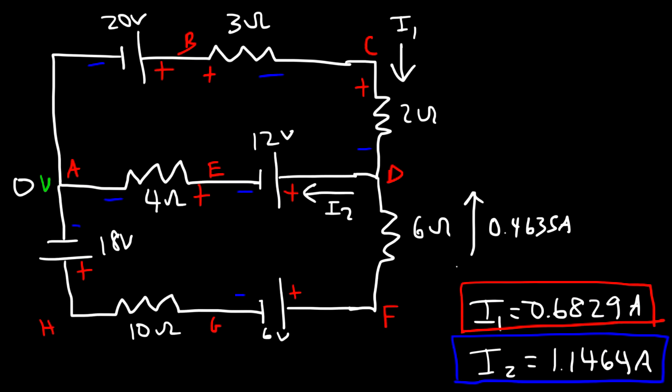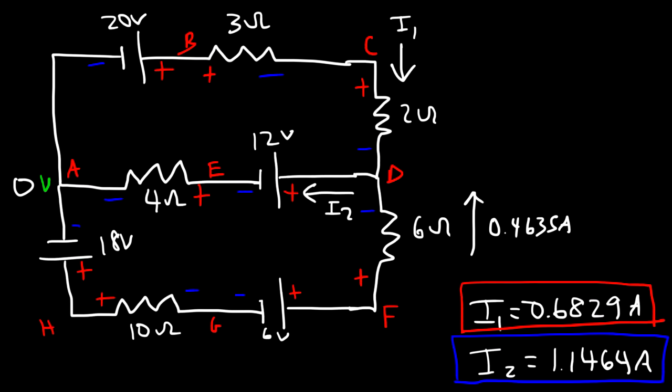Now I2 minus I1 flows in this direction, so this should be positive, and this should be negative. And it's also flowing in this direction, which means this is negative, and this is positive. So now we have the appropriate signs.